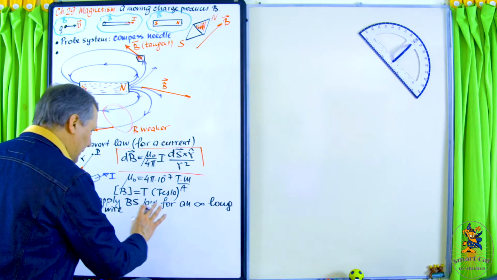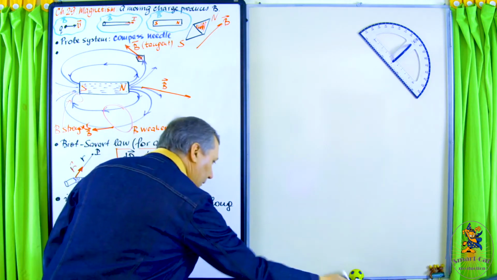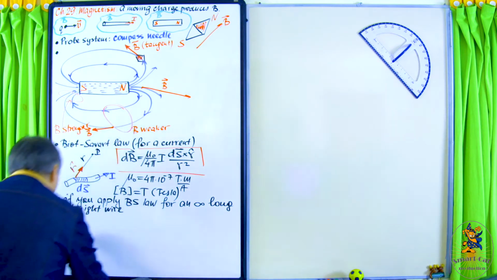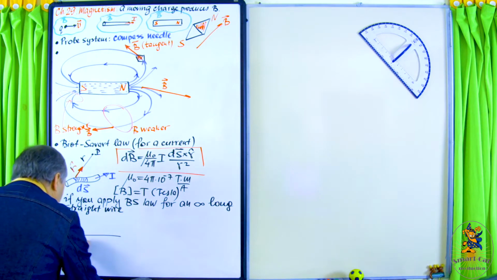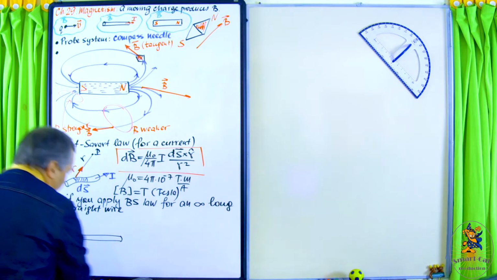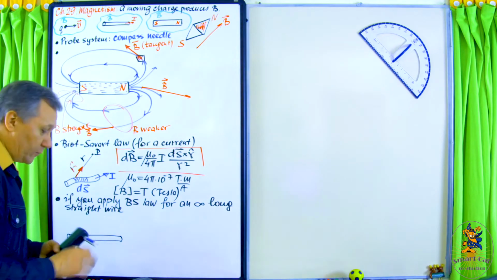Probably I will write it here, draw it here, right? No, let me draw it there. Right, so let's assume that this is my infinitely long straight wire, okay? With current, of course.